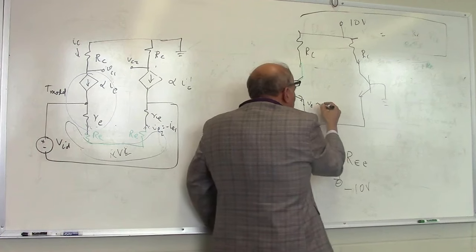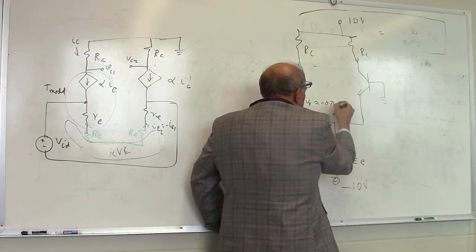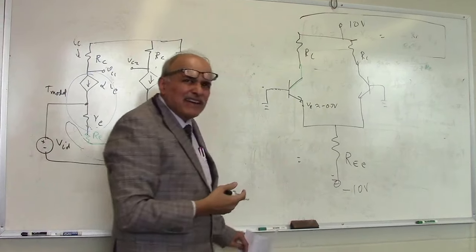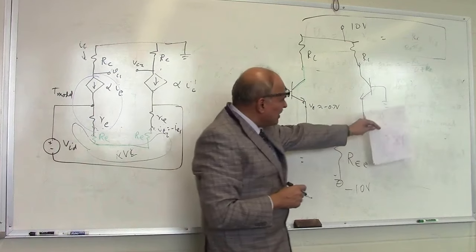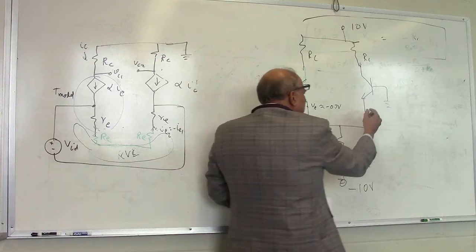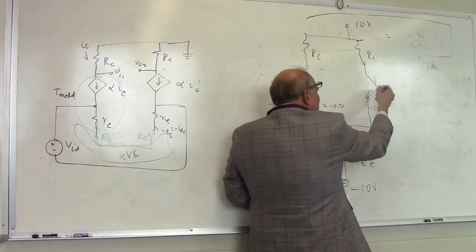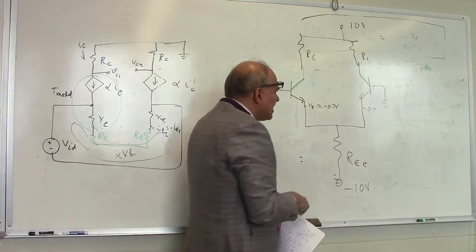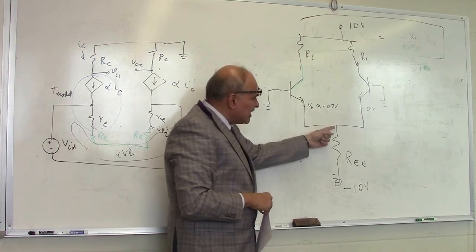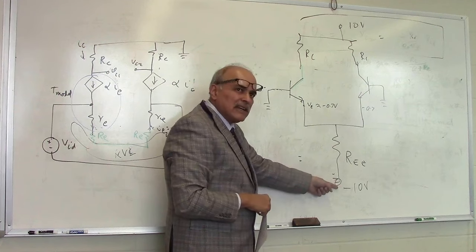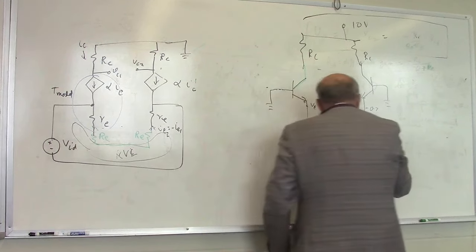So this will be approximately minus 0.7 volts. Some people might say minus 0.6, 0.5. Who really cares? But it's about minus 0.7. Whether you come from that side, it's still minus 0.7 because they're both base emitter junctions. So if I apply no signal, this will be minus 0.7. So here is minus 0.7, here is minus 10. And I want this current to be 2 milliamperes.